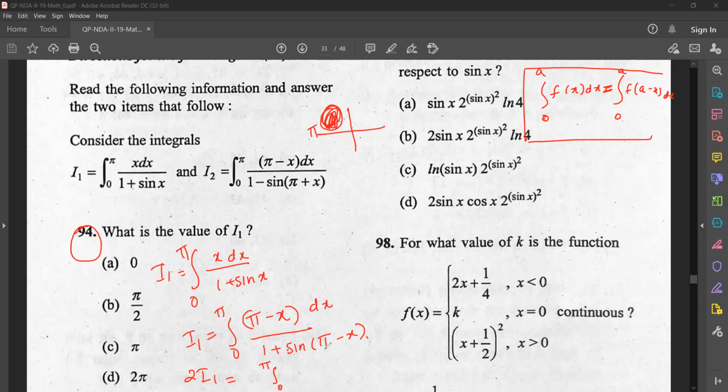There sine is positive, this is sine x. So you'll get pi by 1 plus sine x dx. Integral 0 to pi by 1 plus sine x dx. Now I'm doing the remaining on the whiteboard.